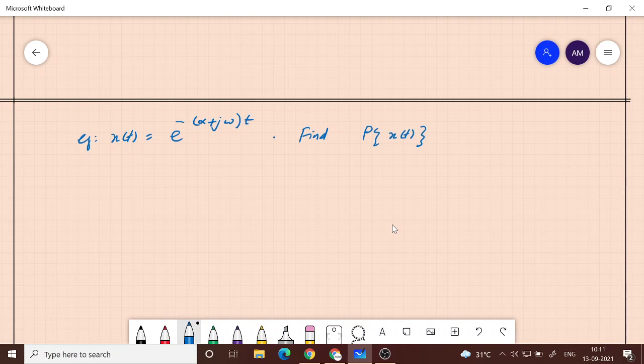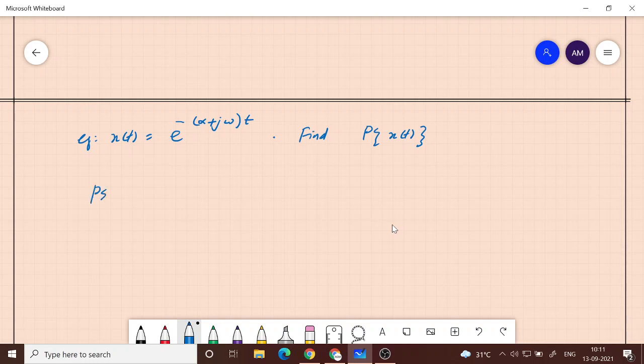This is not a periodic signal. If it was just e raised to j omega t, then it would be periodic, but with alpha there, it is not. If alpha was 0, it is periodic. We will come back to how to test the periodicity of a signal, but right now let us just try to find the power by applying the formula.